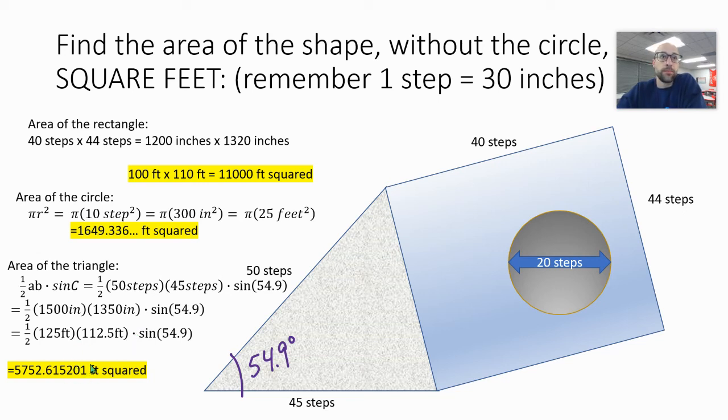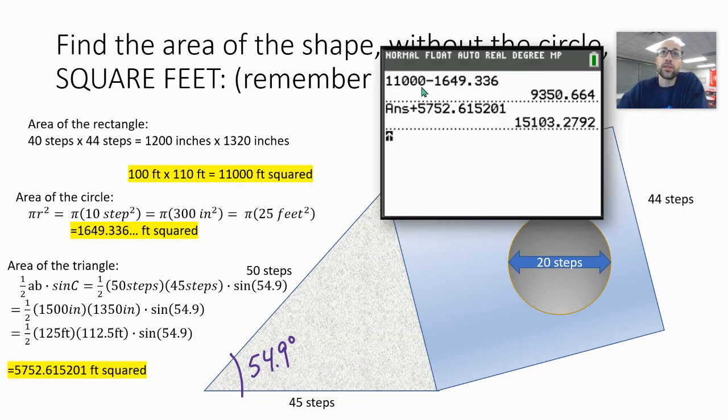All right, so we need to add up those areas, but we also need to take off the area of the circle, right? So in my calculations on the screen here, I went ahead and just subtracted the area of the circle from the rectangle right away, and then added in the area of the triangle. And there's your answer, to a whole number in terms of feet: 15,103.